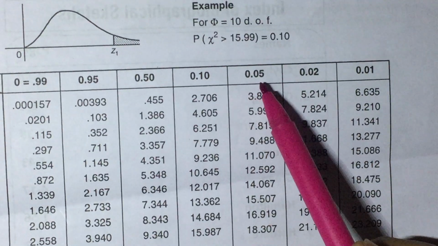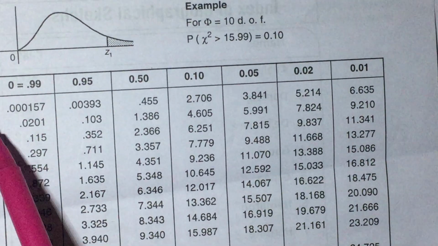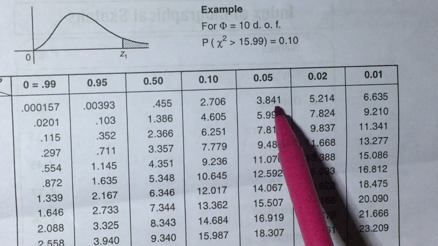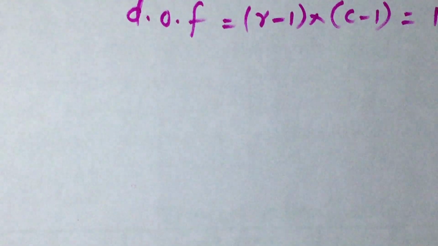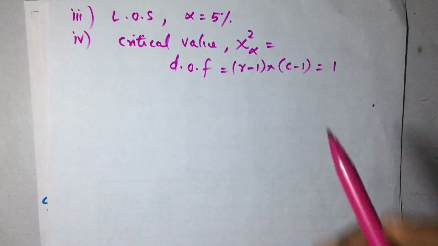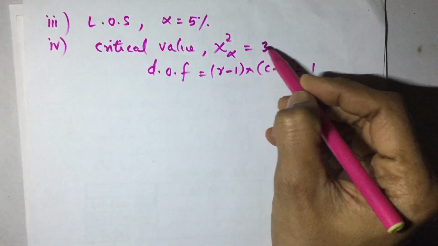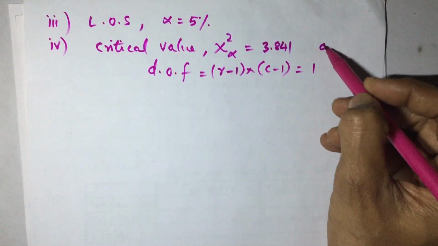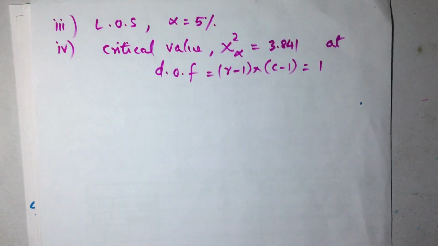So now here, 5% is 5%, degrees of freedom is 1. The value corresponding to 5% with 1 degree of freedom is 3.841.